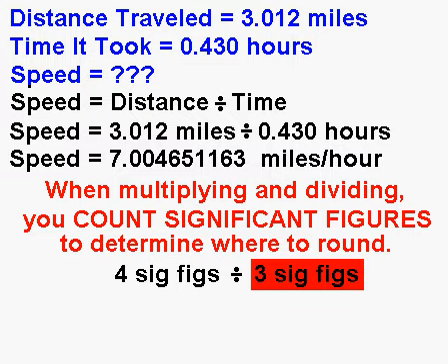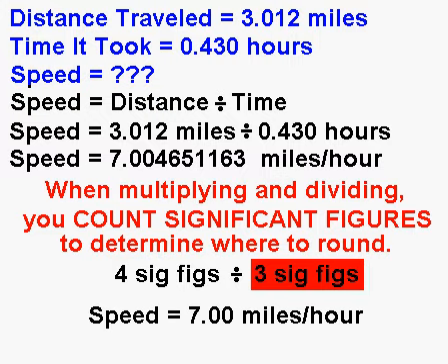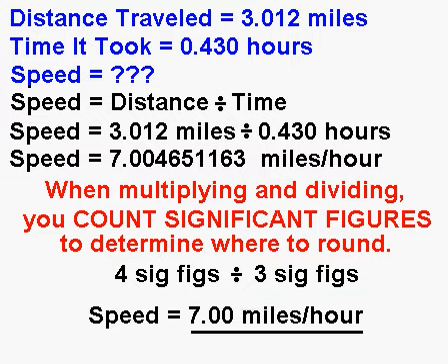All right? Well, look at what we got. In order to get 3 significant figures, we're going to have to drop the 4651163. And the speed is just 7.00 miles per hour. Once again, both of those zeros are significant because they're at the end of the number and to the right of the decimal. So notice the difference between adding and subtracting and multiplying and dividing.